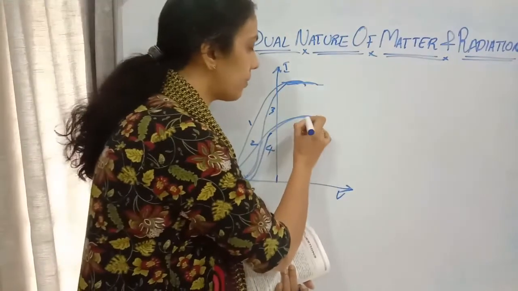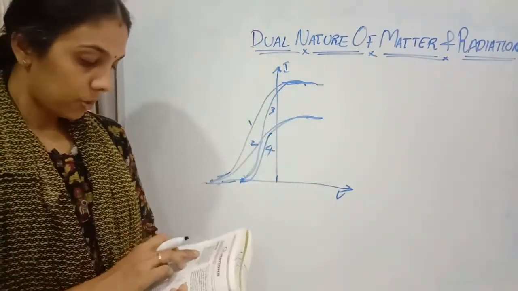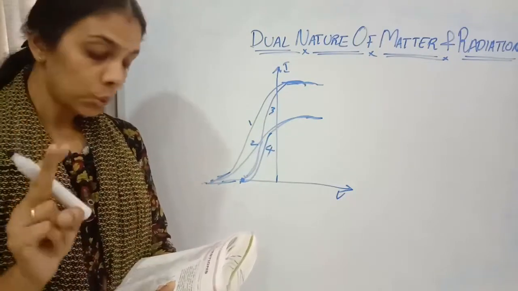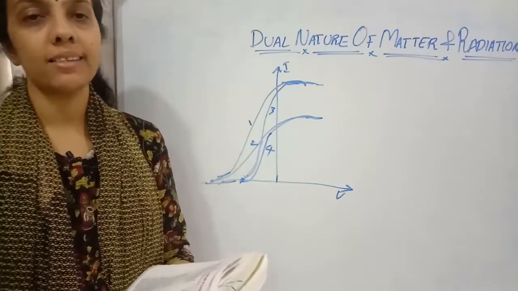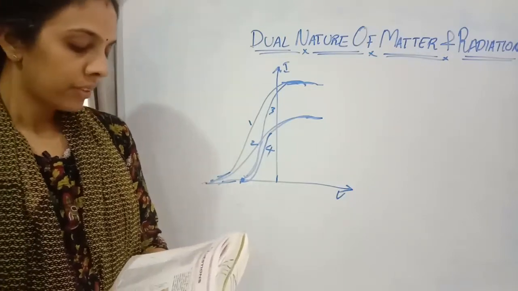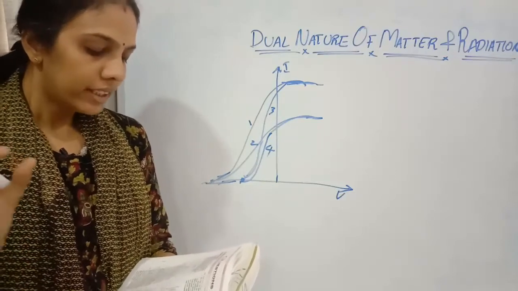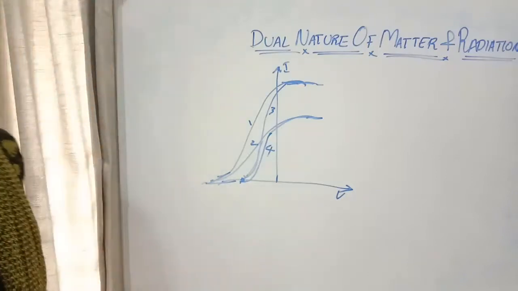Here there is no difference at all, it's constant. Now I'll read out the question once more. I versus V graph for two photosensitive materials for two different intensities of incident radiation. Identify the pairs of curves that correspond to different materials but same intensity of incident radiation.